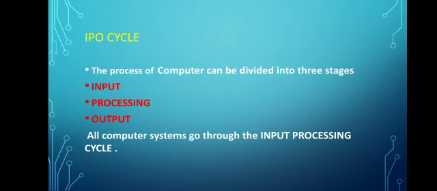The input process cycle is a sequence of events in processing information which work together and repeat again and again as a cycle. That's why its name is input process cycle, and all computers follow it.